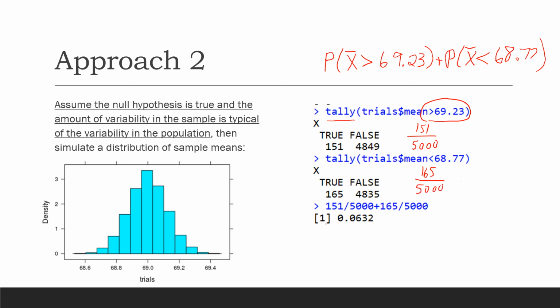I add those two proportions together and I get my p-value, which is about 0.06. Very similar to what I got using approach 1. And again, this is moderate evidence against the null hypothesis.